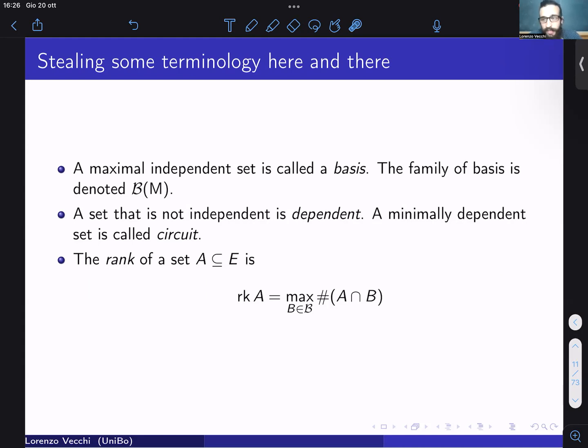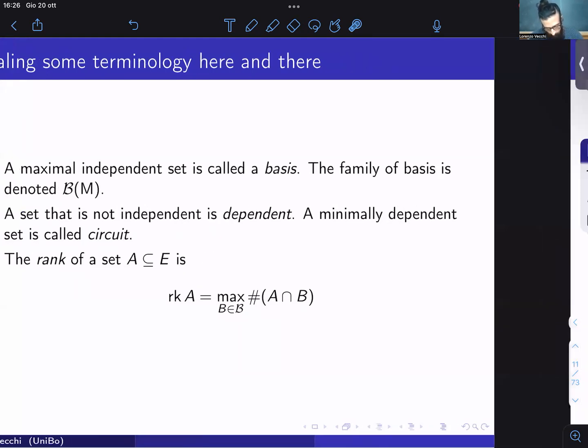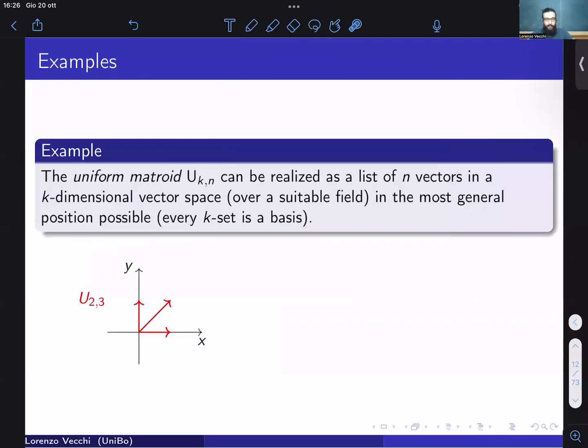And then lastly, we have a rank function. And this is exactly the rank function from linear algebra for realizable matroids. So it is the size of the maximal independent subset that we can find.